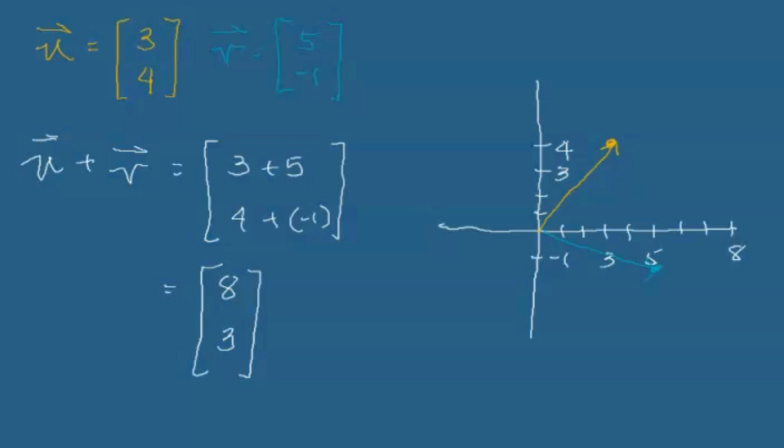Alright, so now let's connect the endpoint and initial of the two vectors. So let's do vector u and then vector v. So vector u is the yellow one. So let's transfer this vector v at the endpoint of vector u.